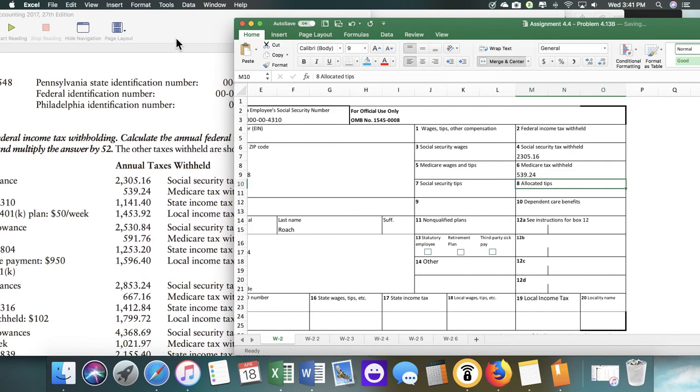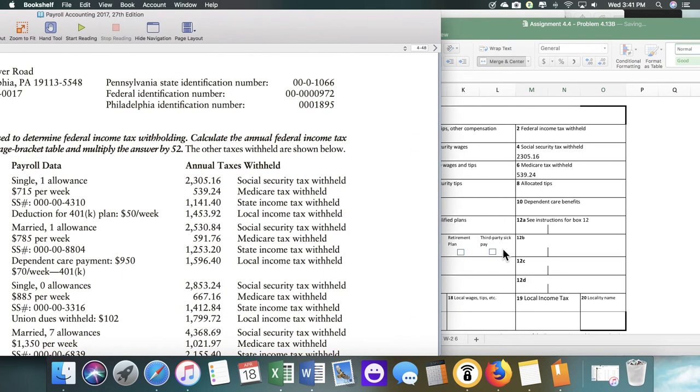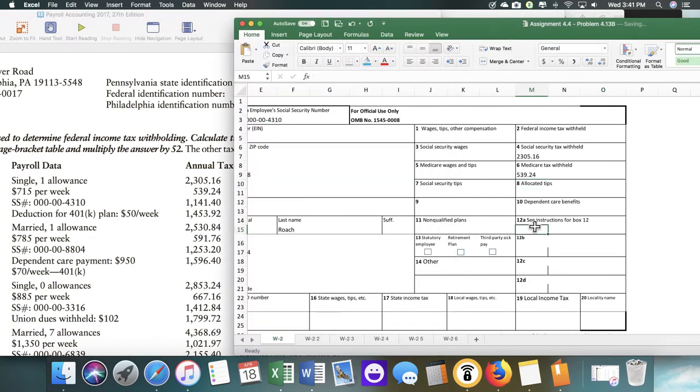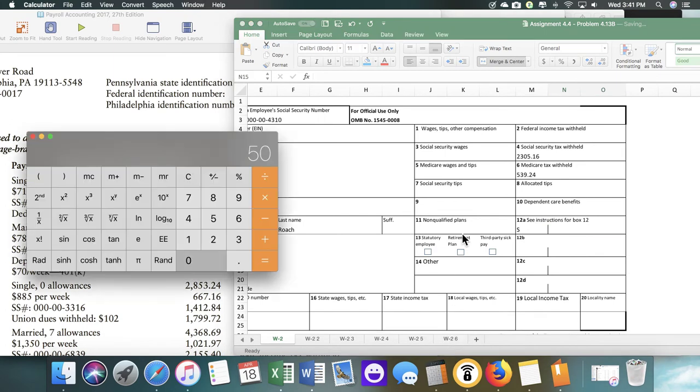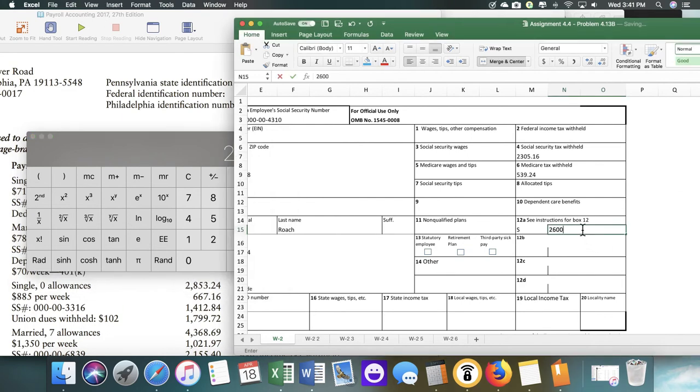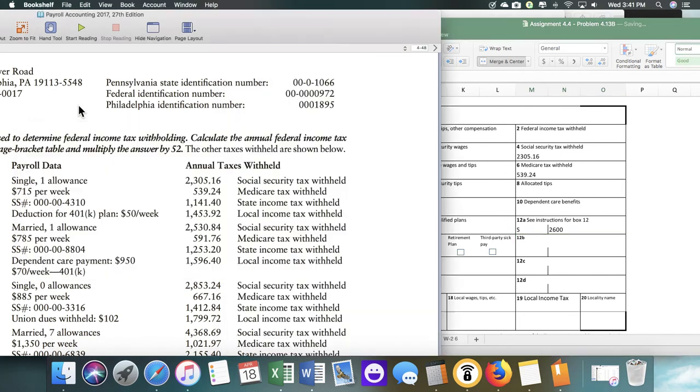Let's see, they have $50 a week for 401k, so that's going to go in box 12. So we have $50 a week times 52 weeks gives us $2,600. And then we will need the calculator to calculate the rest of the information.